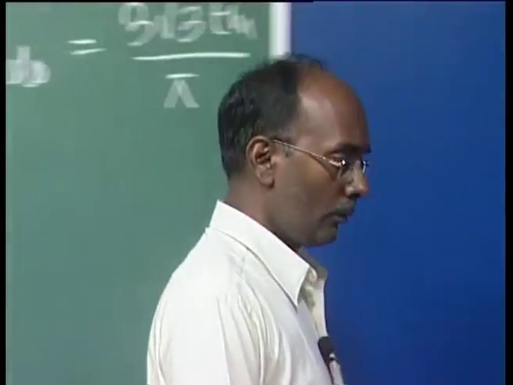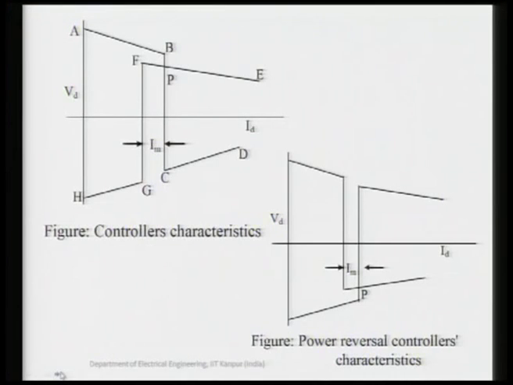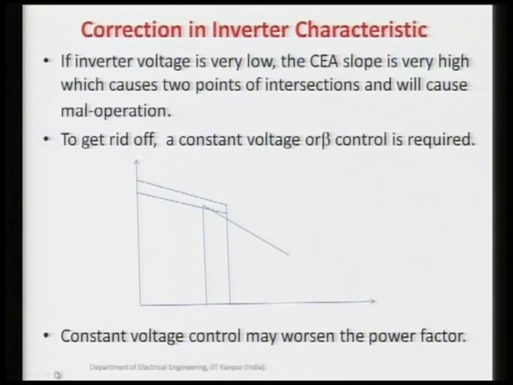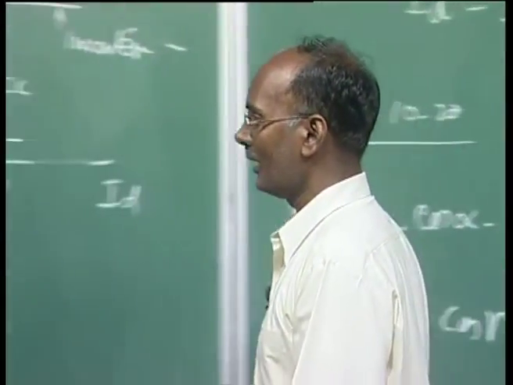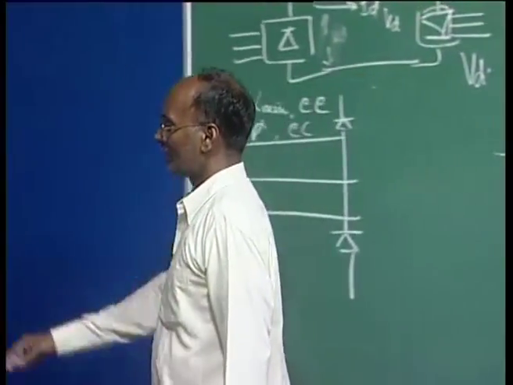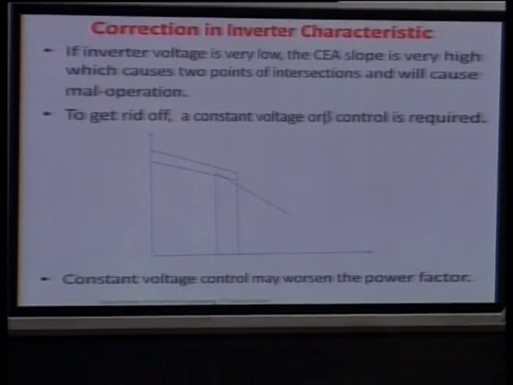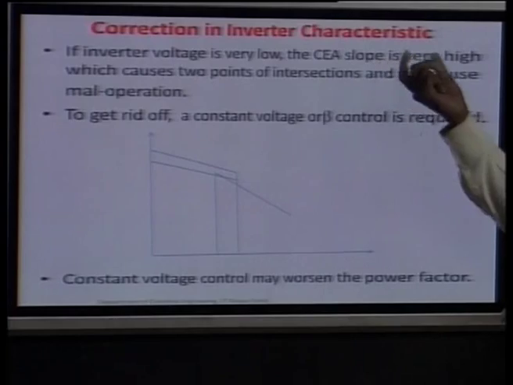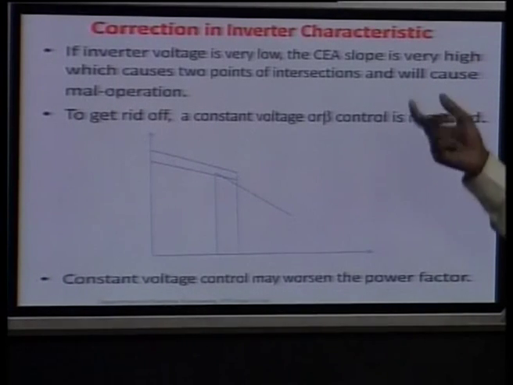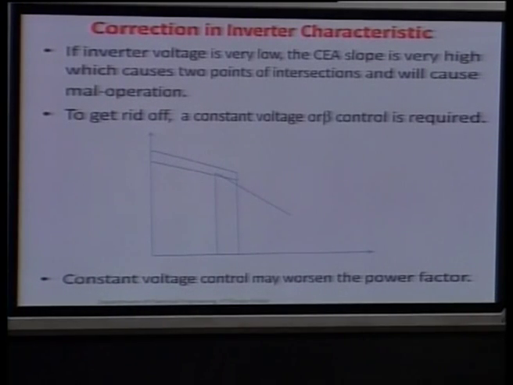Now we'll see it is still not enough, because there is some possibility here. If the inverter voltage is very low, the CEA slope is very high, which causes two points of intersection and will cause the maloperation.